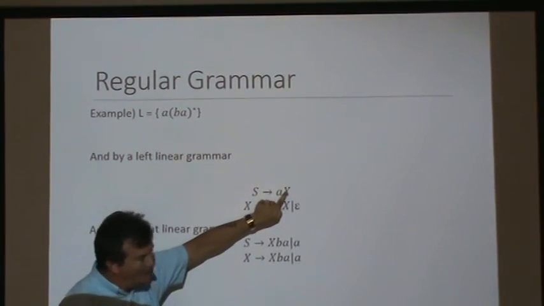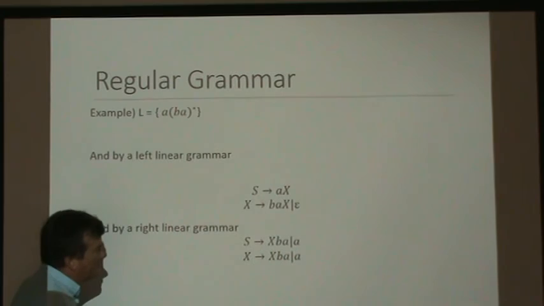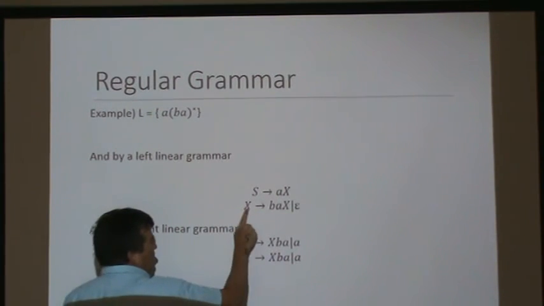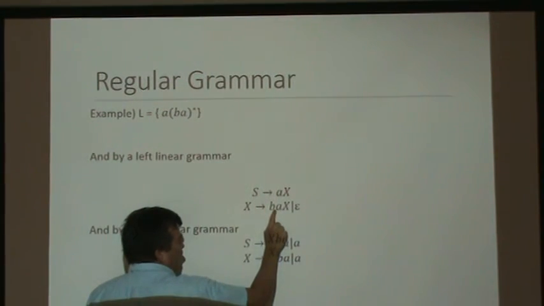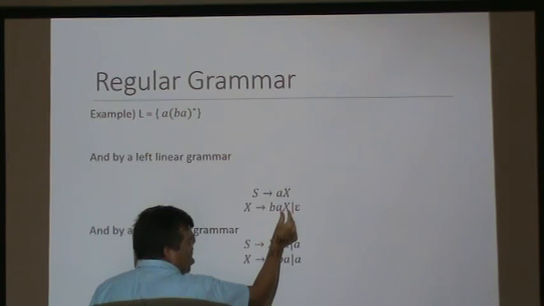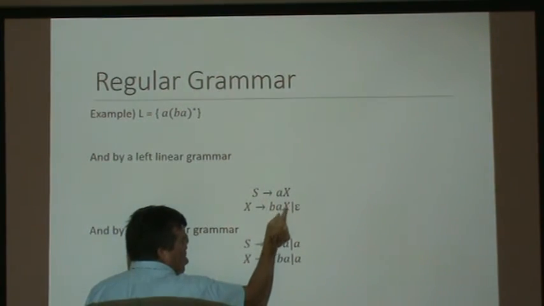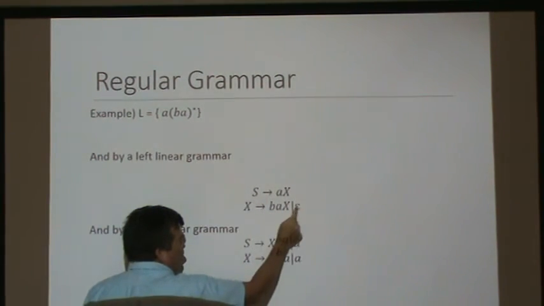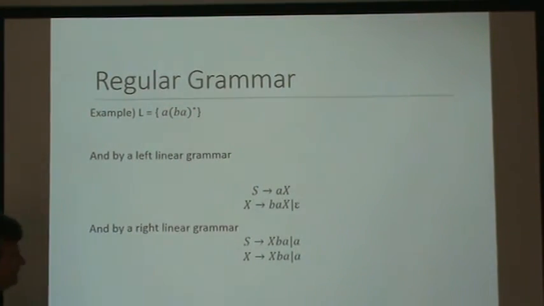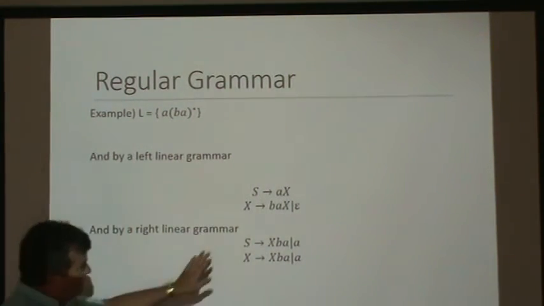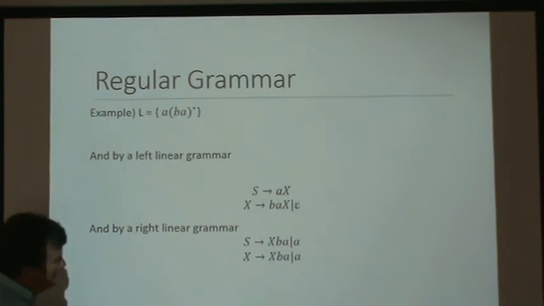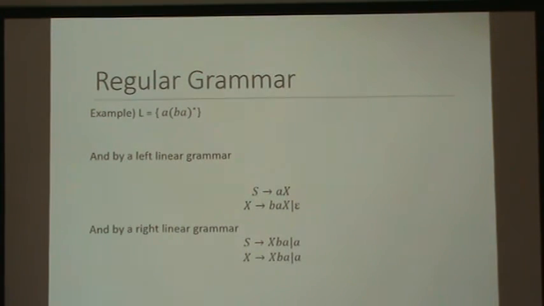So this would be something that has to be broken down into smaller parts. The next thing would be a BA followed by one of those things again, which could be another BA, followed by another BA. Or it could be an epsilon, which means the empty string. We needed a letter to mean nothing's there. So epsilon means the empty string.